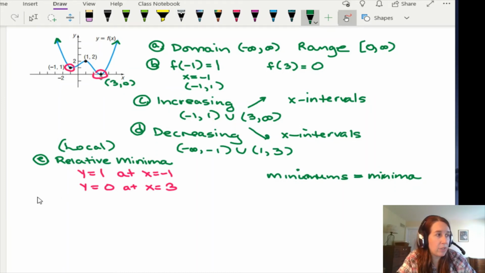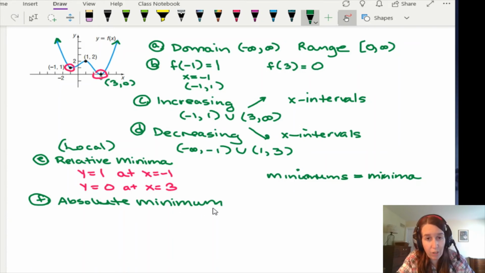There's another thing then called the absolute minimum. There can only be one of those because it means the lowest value of the whole graph.